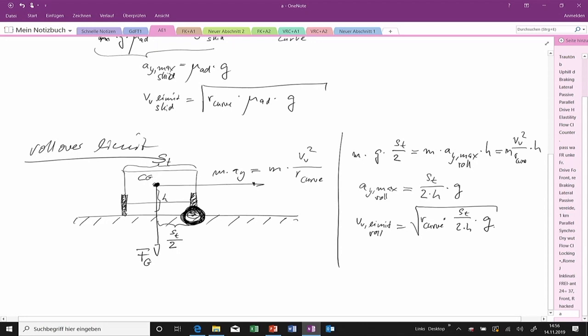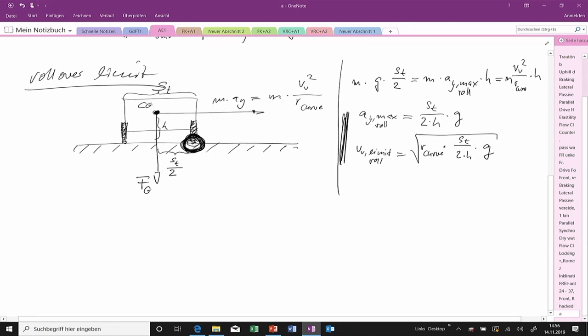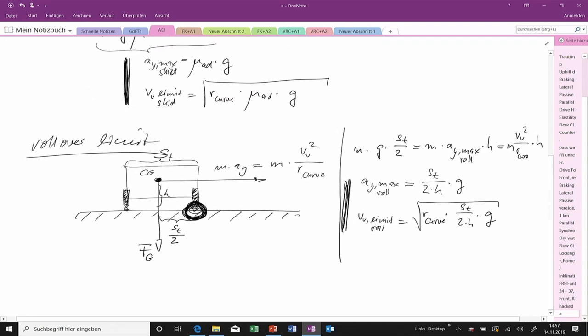So we have now 2 sets of expressions, one for the skidding limit, one for the rollover limit, and we can now ask the question, what is worse, to skid or to roll over? And I think the answer is easy. We should avoid rollover in any case. And if we need to make our choice between those both catastrophes, we will take the skidding.